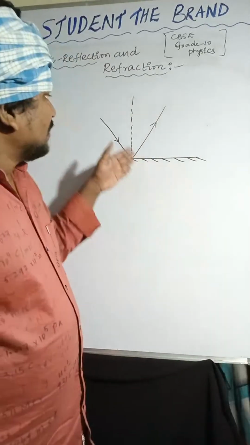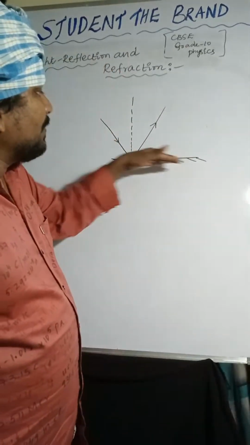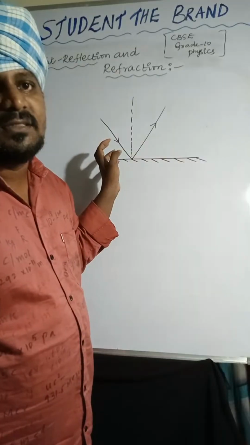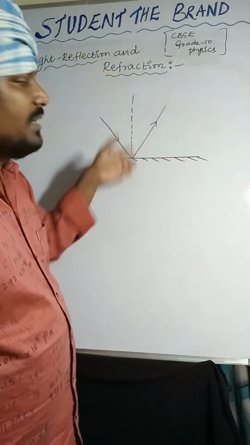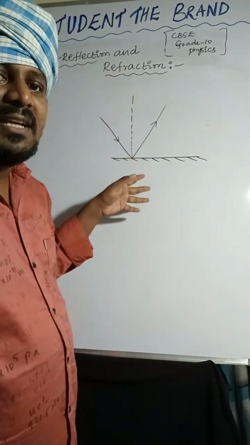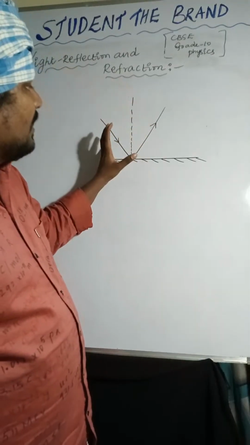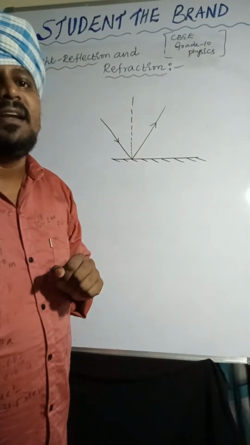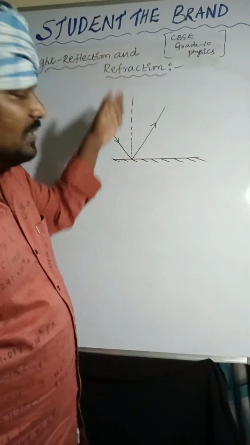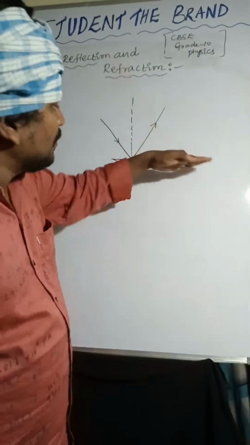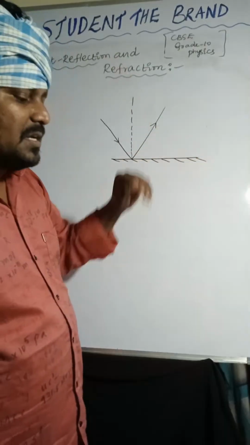Because that normal line is perpendicular to the plane surface. Actually, it does not exist. For understanding reflection of light, we draw the dotted line perpendicular to the plane surface.